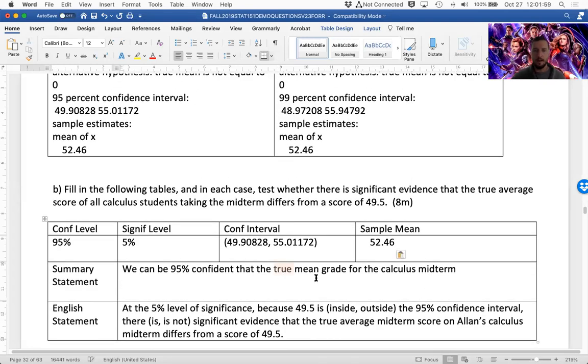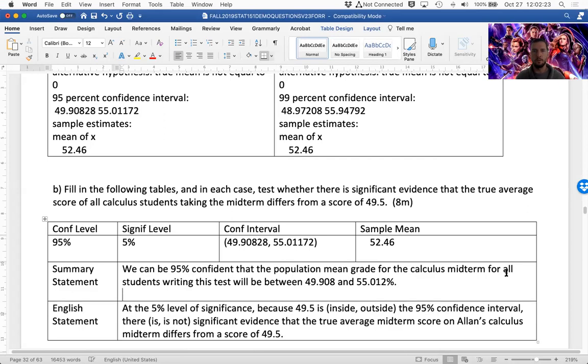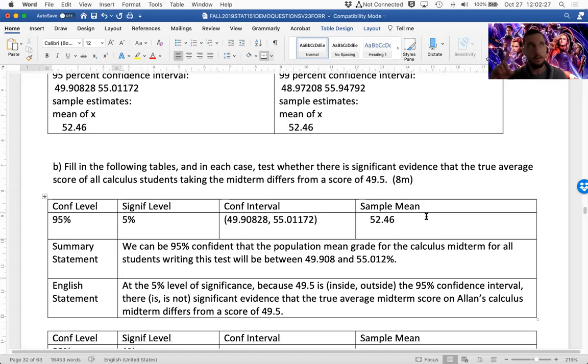So we can be 95% confident that the population mean grade for the calculus midterm for all students writing this test will be between 49.908 and 55.012%. It's kind of a trolling type of example given that we have a midterm this week, but it's a calculus test, not a stats test.